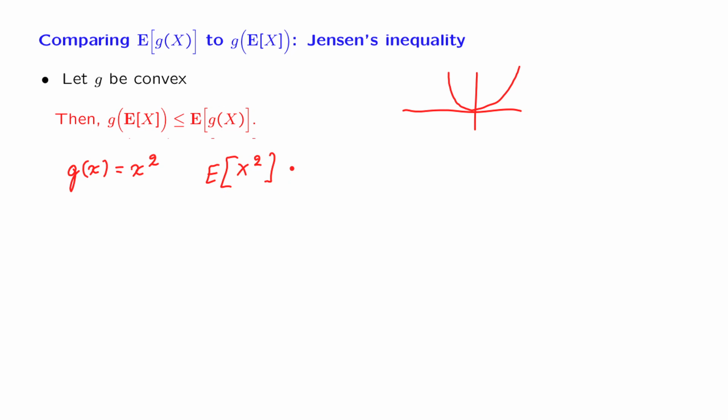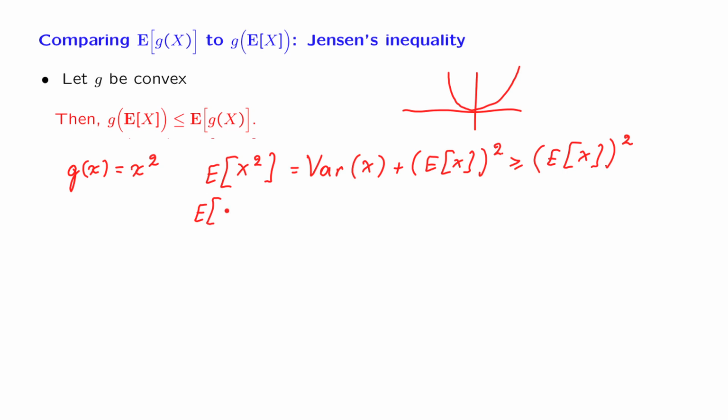Now, for this expectation, we already know that this is equal to the variance of x plus the square of the expected value. And since the variance is always non-negative, we obtain this inequality. This is consistent with Jensen's inequality.